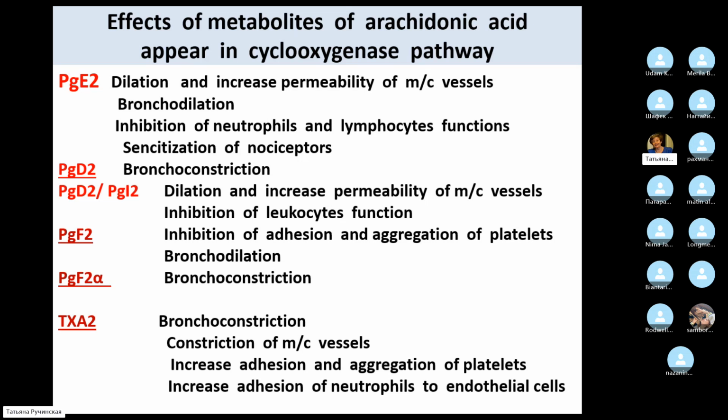As for prostaglandin D2, it leads to increased permeability. Then it will increase the function of leukocytes, meaning increased phagocytosis. You understand? Then it will lead to activation of platelets.